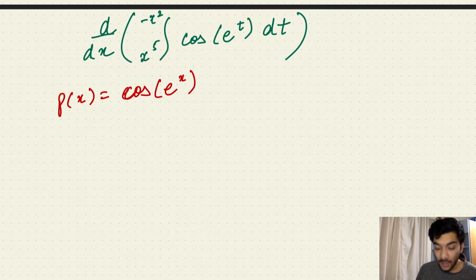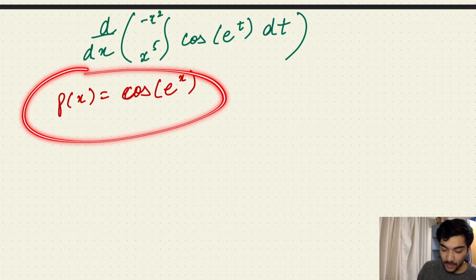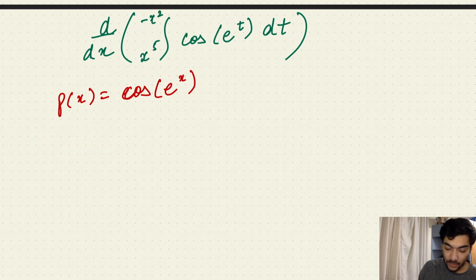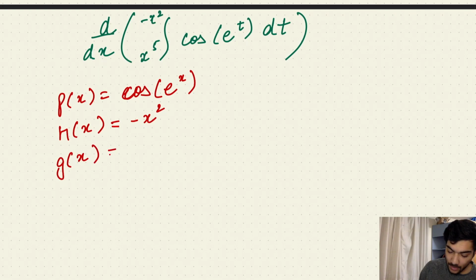It won't change anything at all. You could also take f of t, but to simplify everything we learned from the previous concepts, we'll stick with x notation. So we have f of x. Now our h of x in this case is minus x square. Remember, h of x is the upper endpoint. Our g of x is the lower endpoint, which in this case is x to the power 5.